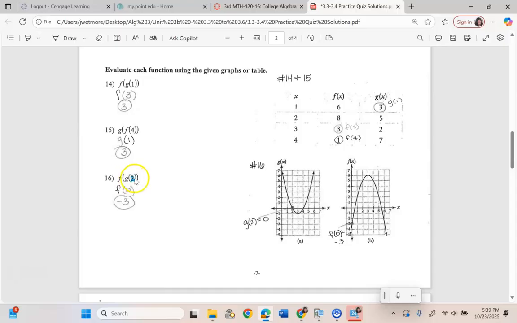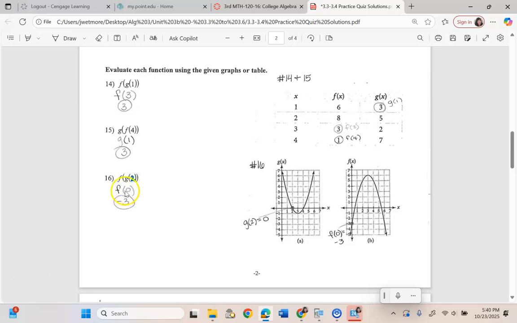So in the g function, okay, here's g, here's f. In the g function, I'm looking to see when x is equal to 2, what's my y value? Well, the ordered pair at 2 is (2, 0). So when x is equal to 2, y is 0, so g of 2 equals 0. So come over here and replace g of 2 with 0. All right, now I have f of 0.